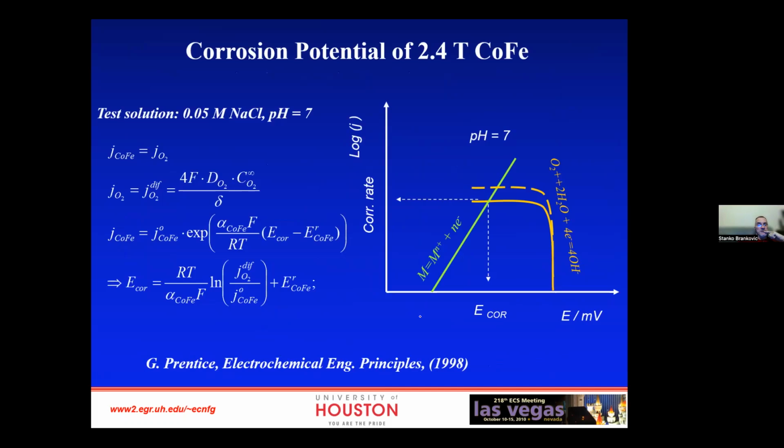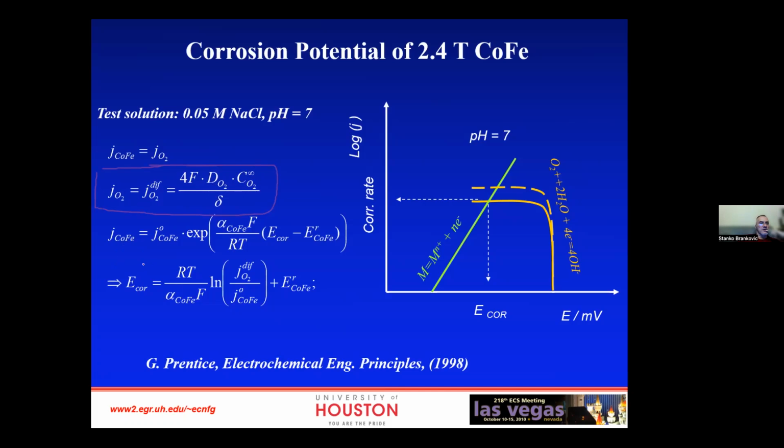Now, trying to understand what's going on, we know from the corrosion science that the oxygen reduction current is diffusion limited. And that means that it could be expressed as a function of concentration of the oxygen in the solution. And this is diffusion layer thickness, this is diffusivity of oxygen, and this is just a Faraday's constant.